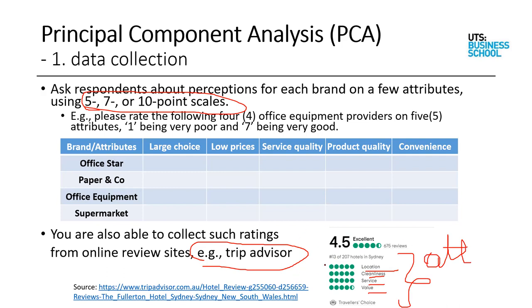So you can take the average for location, cleanliness, service, and value, and either do 2 by 2 Excel graphs to look at the different dimensions, how the brands compare, or you could do a principal components analysis if you have lots of data points and reduce the different dimensions to be able to create a perceptual map.